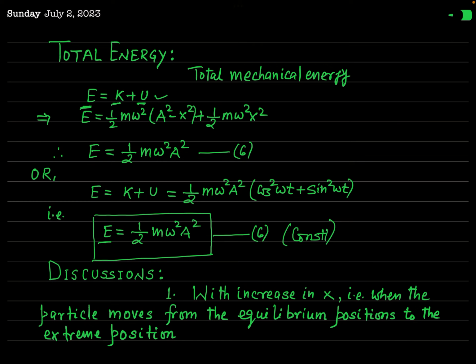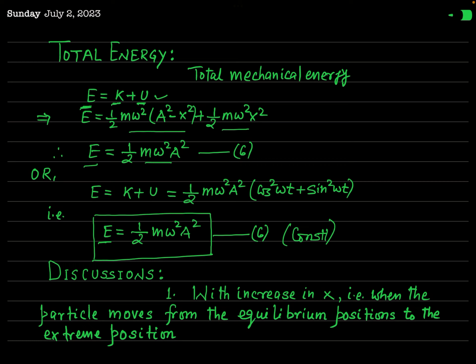You have seen that K is half m omega square times A square minus x square and U is half m omega square x square. Now this half m omega square x square will cancel out, and your result for E will be half m omega square A square.